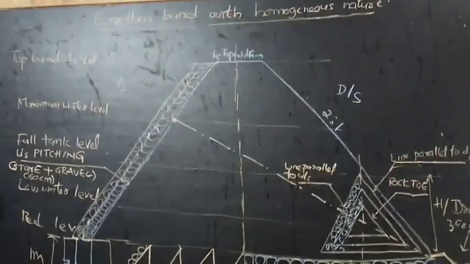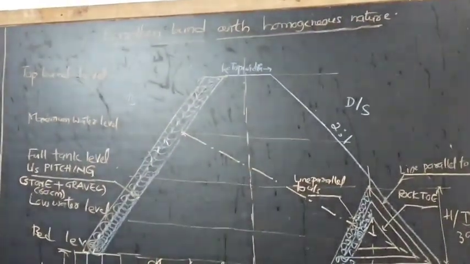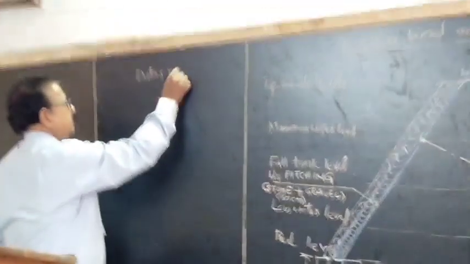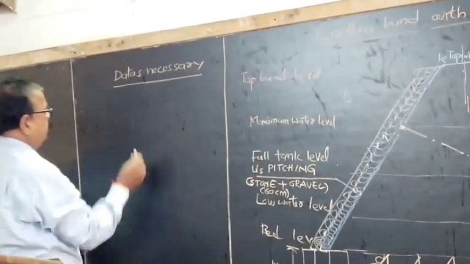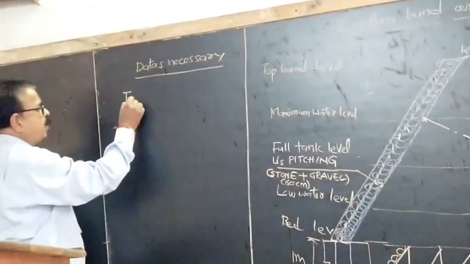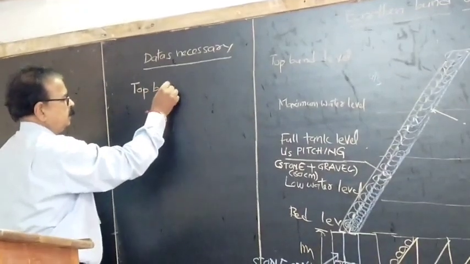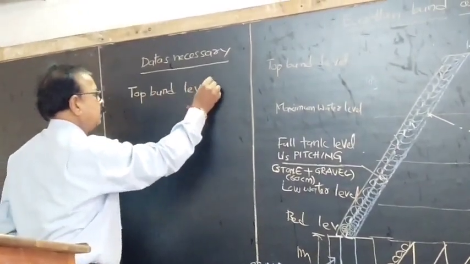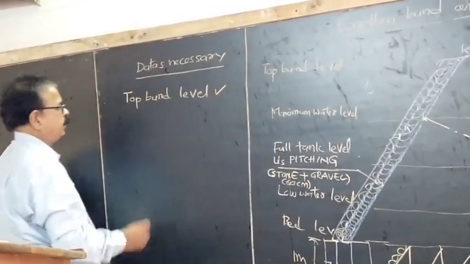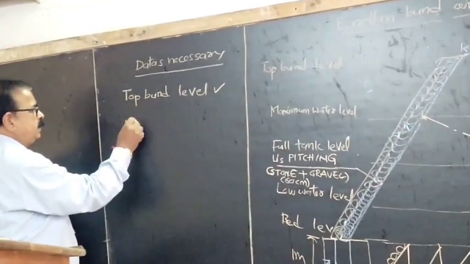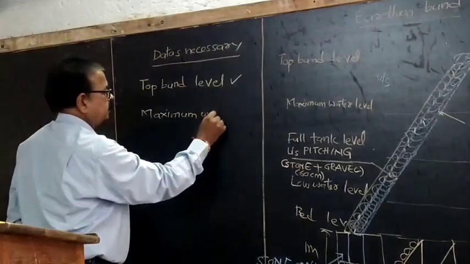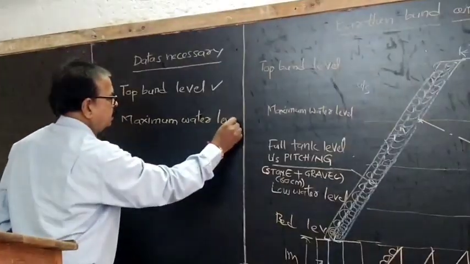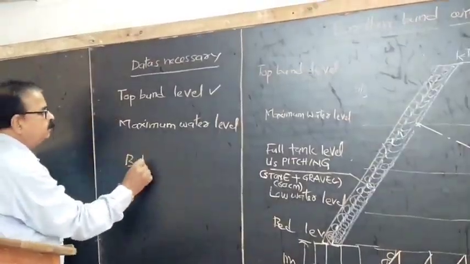Here I will write the data necessary. We want the top bund level, which is most important, the maximum water level, and the bed level.